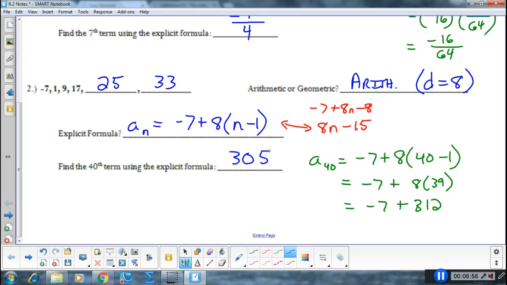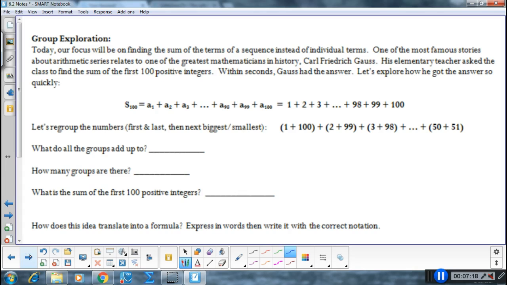These are sequences. Okay? We can handle sequences. Sequences are separated by commas. Today, we're going to shift our thinking from sequences to series. Okay? The difference between a sequence and a series is that with the series, we're taking the sequence and adding it up.